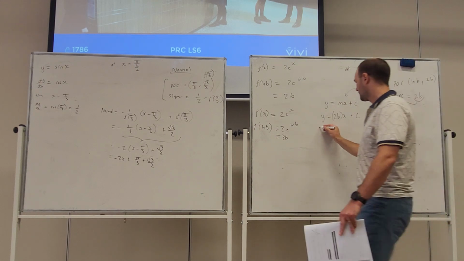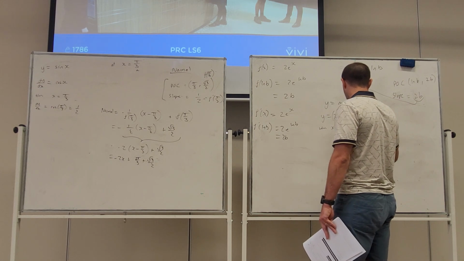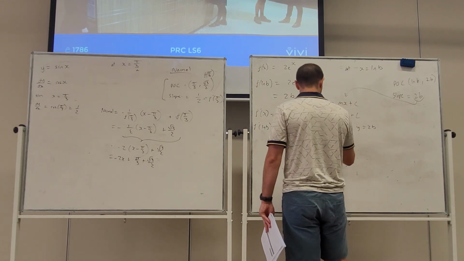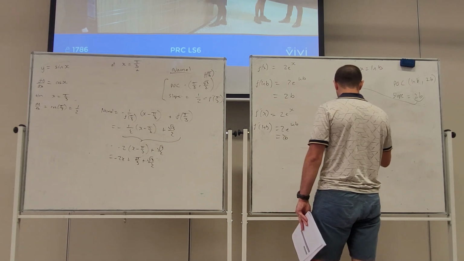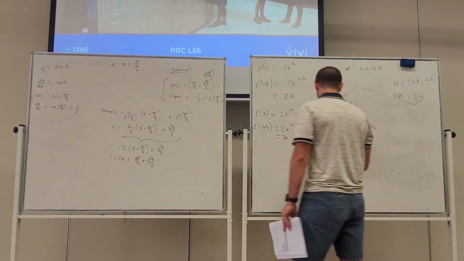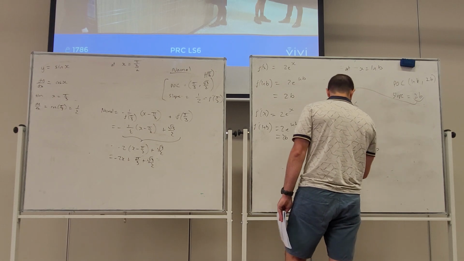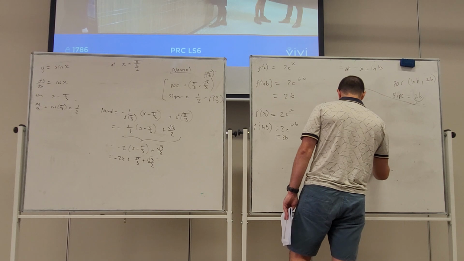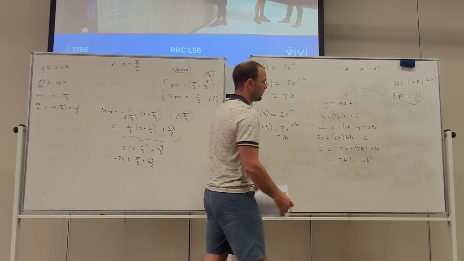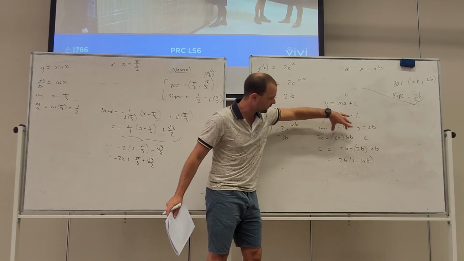So let's put that in. I'll make the argument when x is ln b, y equals 2b. So to get c by itself then, so we can write it like this. All right, so all I'm doing now, to get c by itself, I'm subtracting this, or I'm moving that over to the other side.